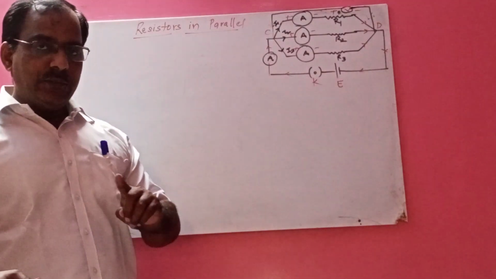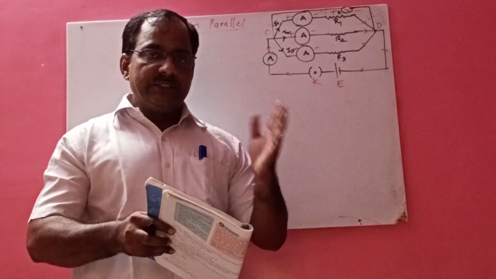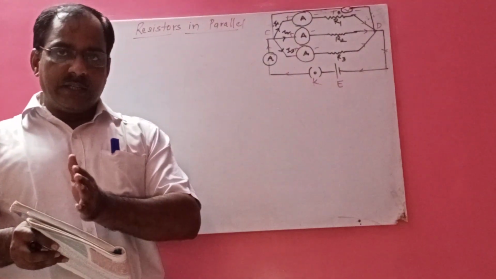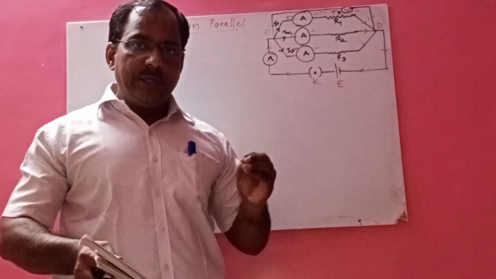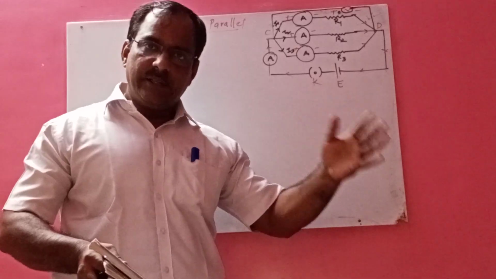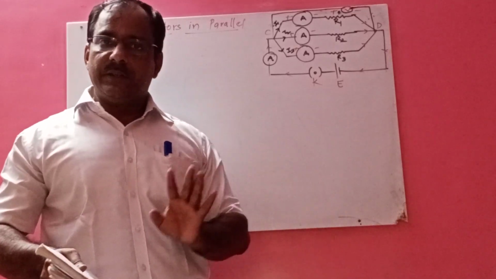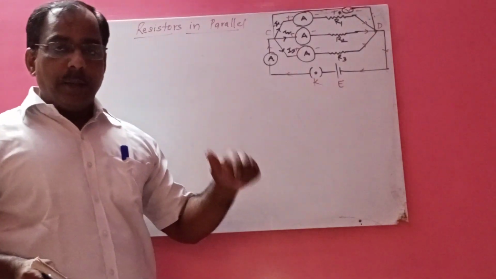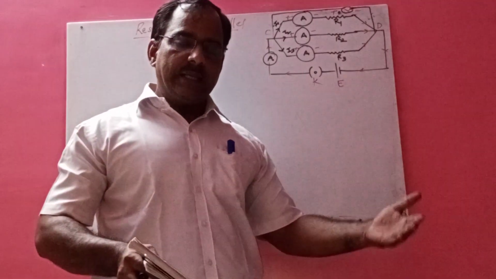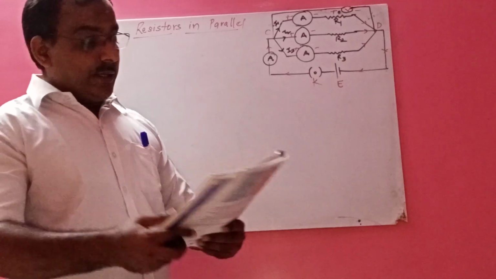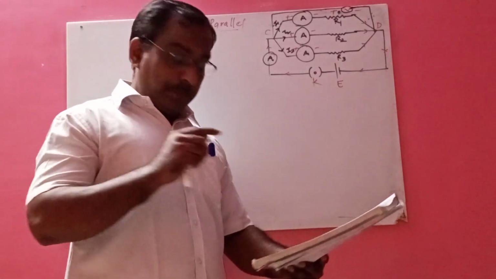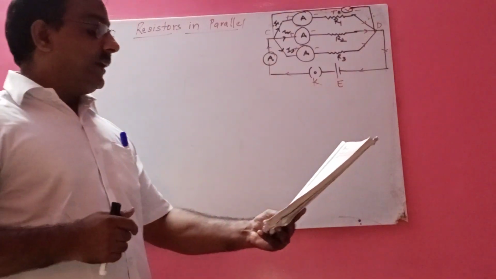Once again I will tell you the difference between resistors in series and resistors in parallel. In that case the current flowing through each resistor is the same and the potential difference is different. Here the potential difference is the same and the current is different. Correct?